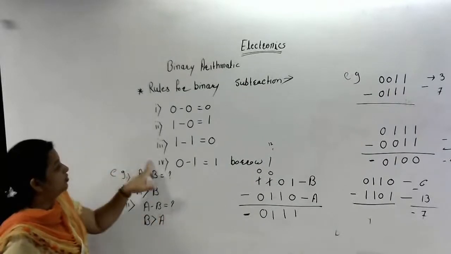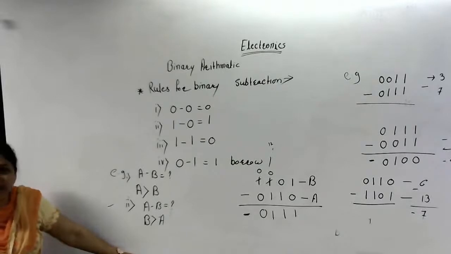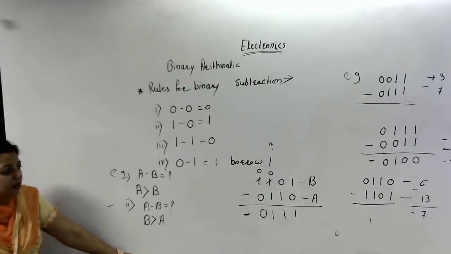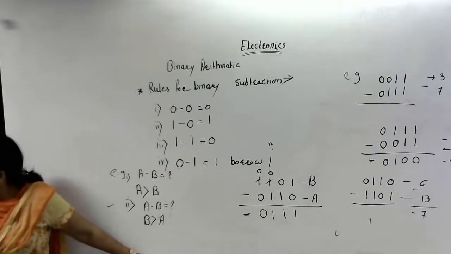Okay, and write down the rules for binary subtraction. Between 8 to 10 years, only once there is a question on binary subtraction. But you must know, you have to go through all the points of our syllabus. Okay.